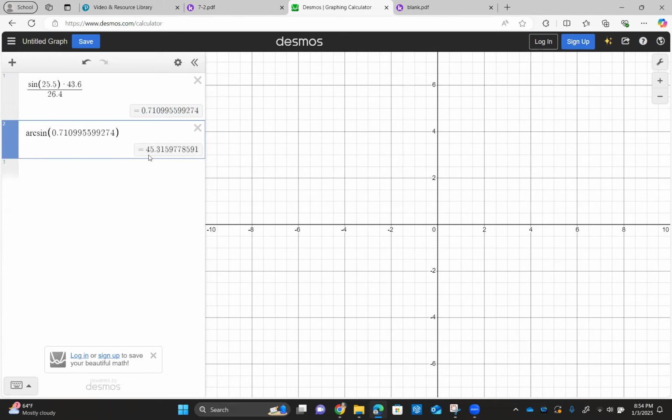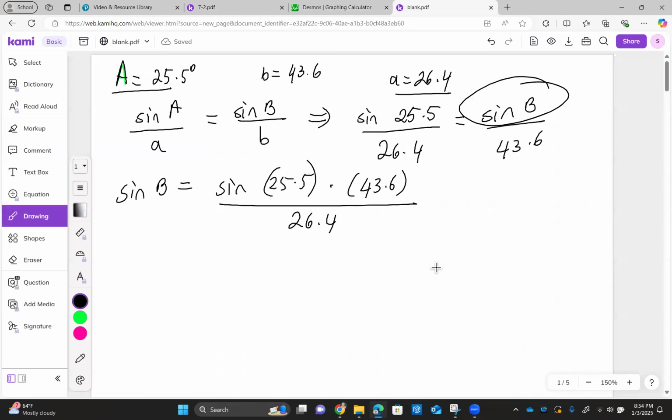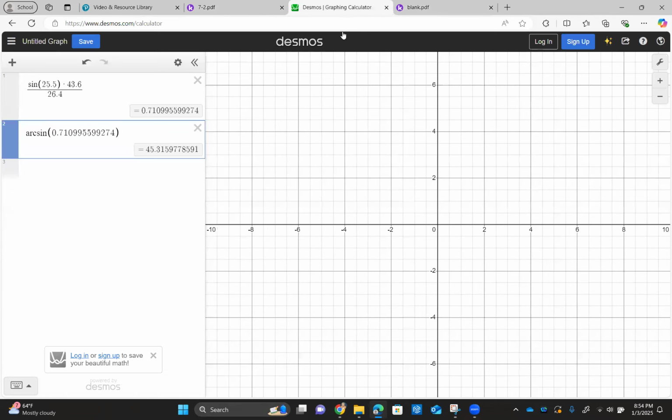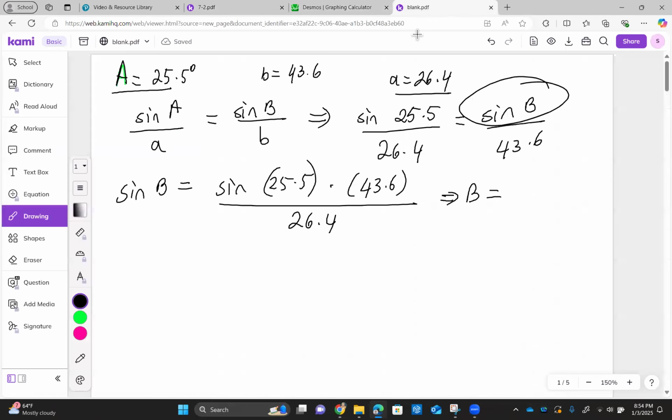It tells me that angle B must be 45.32. Do they want just one decimal place? The answer key is just one decimal place, so we're going to put the answer as 45.3. Angle B is 45.3.